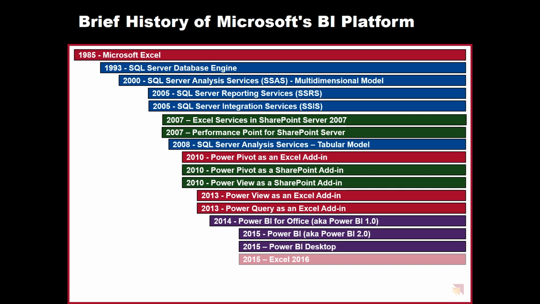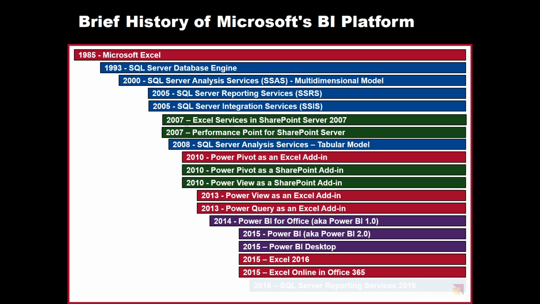There's also Power BI Desktop. That's a tool that I'm going to use a lot tomorrow, and we're going to see that it's a modeling tool for business users. Now, going forward, we also have Excel 2016. We have Excel Online in Office 365.